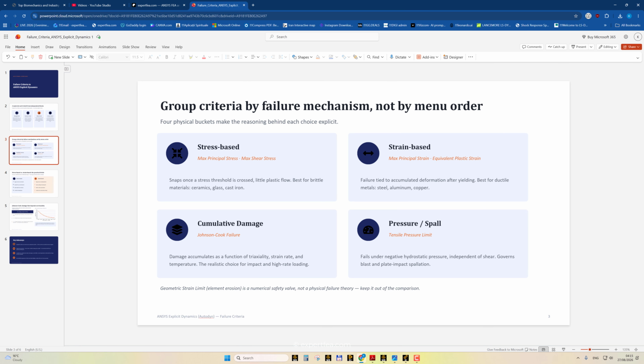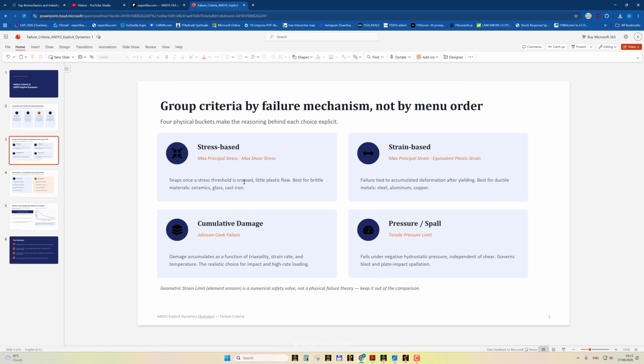So the failure mechanisms are in principle described by their dominance, either stress-based or strain-based cumulative damage, and here we will discuss a little more about Johnson-Cook failure and pressure spall. This acts mostly when hydrostatic pressure exists.